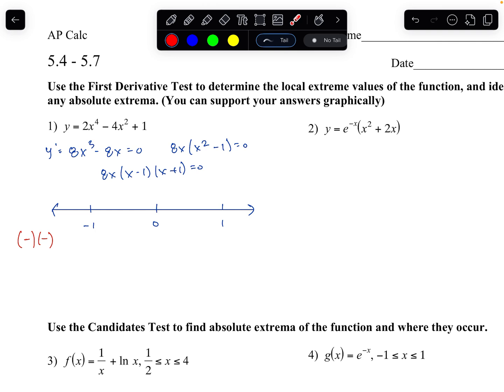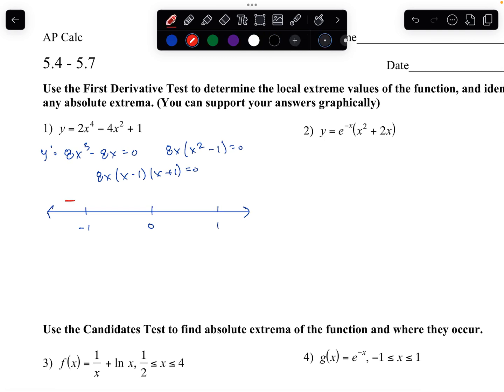If I plug in -2 here, that is still going to be negative, but all together, when you multiply all three out, it's going to be negative. Okay, and so I guess you can say f prime of x is less than 0 here.